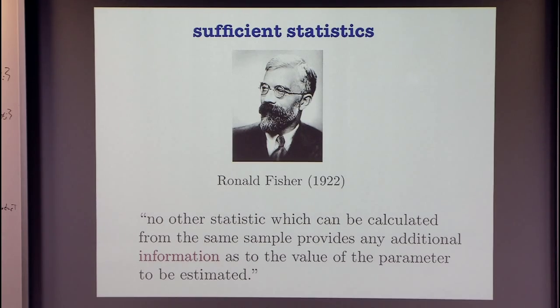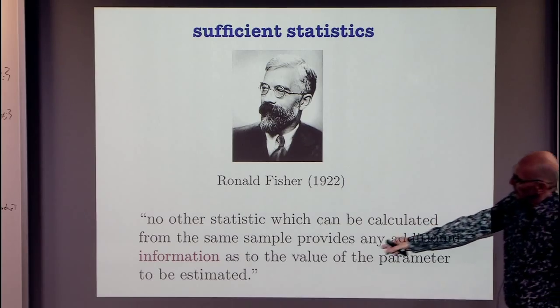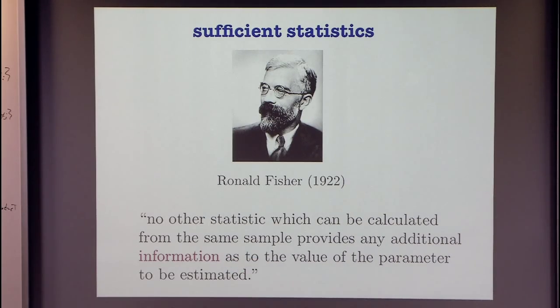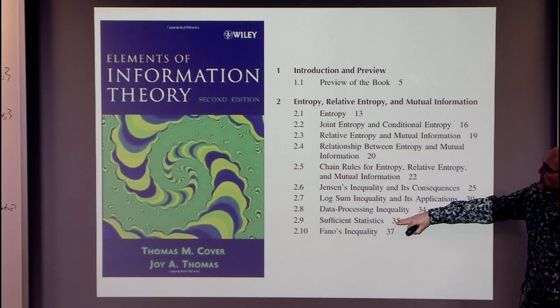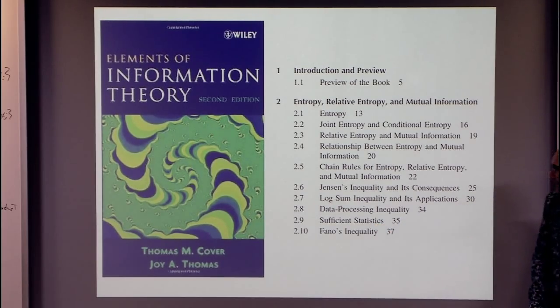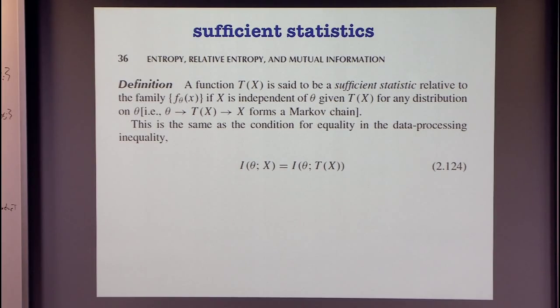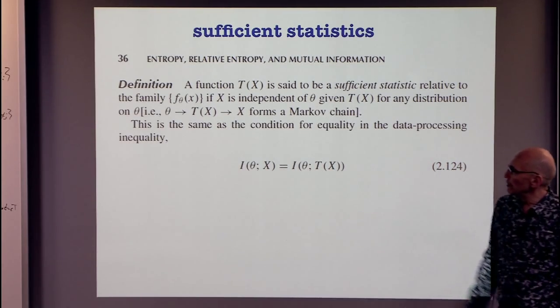All right, so the first person to deal with big data was Fisher, and he was interested in going from big data to not-so-big data. So he came up with the concept of sufficient statistic, and when he described it, he used the word information. So there must be some relationship with information theory, and in fact, if you look at Cover and Thomas in their first chapter, you already find a section on sufficient statistics, and they define it as a function of the data such that the mutual information is preserved after you take that function.